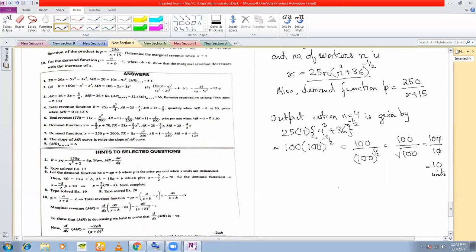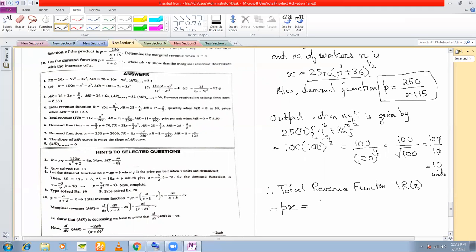Now the question is determine the marginal revenue. So first of all, to determine the marginal revenue, we must know the total revenue function, right? So we know the demand function here, isn't it? So therefore, what is the total revenue function? Total revenue TR as a function of x is equal to price per unit into x, right?